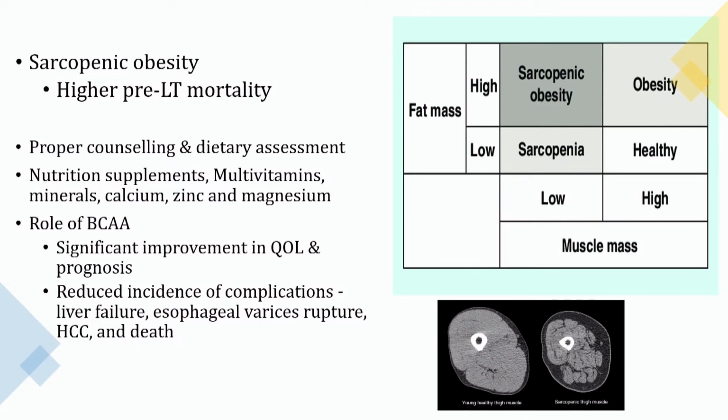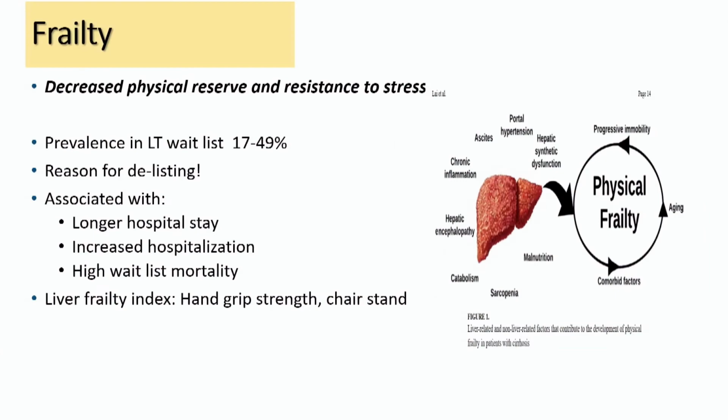The assessment is important, but the treatment is also difficult and challenging, as it is uncertain whether the patient will improve. They should be supplemented with a nutritional multivitamin, calcium, zinc and magnesium. There is also a role for branched chain amino acids, which improve quality of life and prognosis.